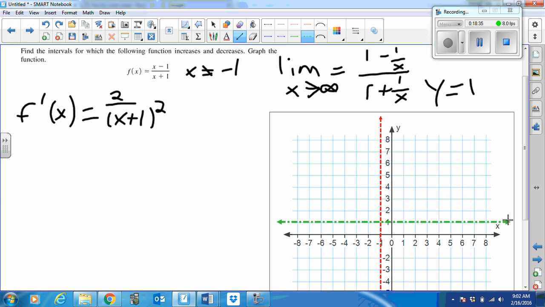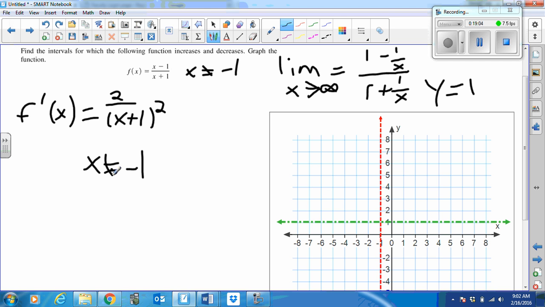Now, the critical points: if we look at where the derivative can equal 0, there's no place where it can equal 0, but we do have a place where it would be undefined, and that is where x equals negative 1. Careful, because if that value is not included in the domain, it's technically not considered to be a critical point.